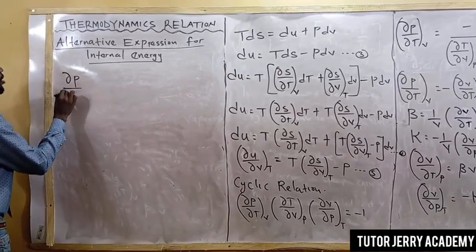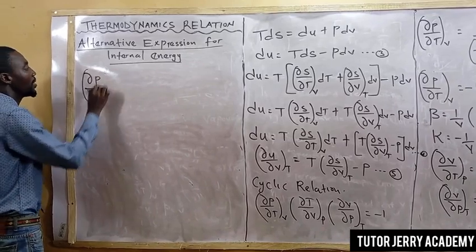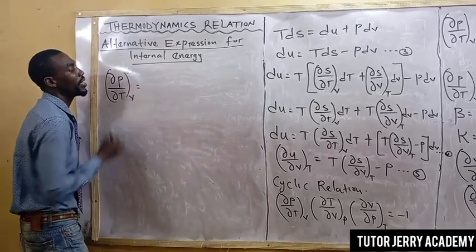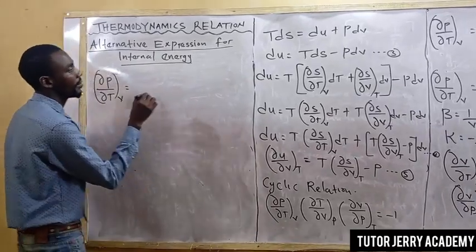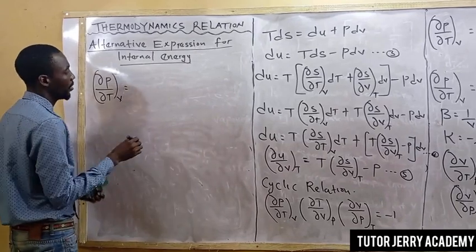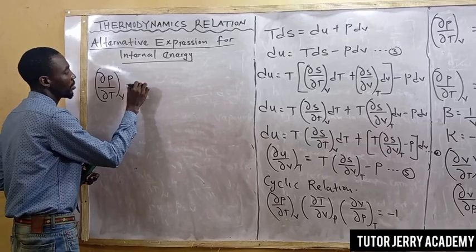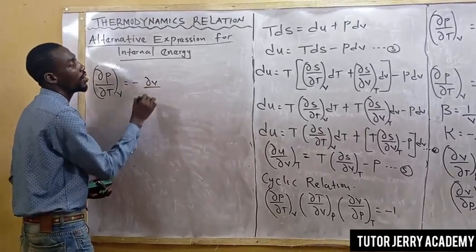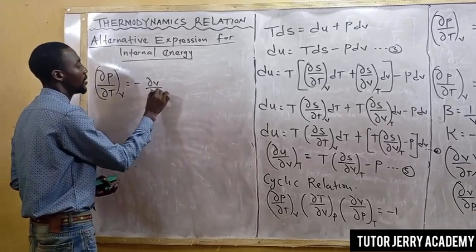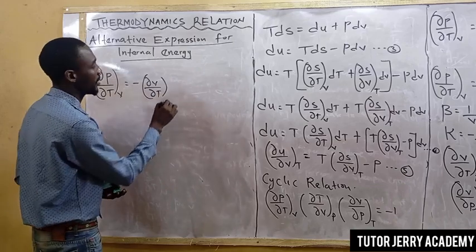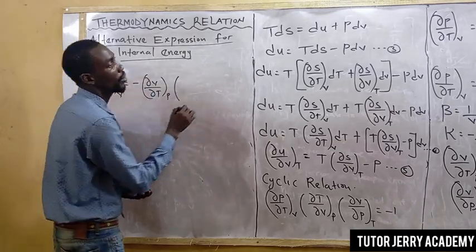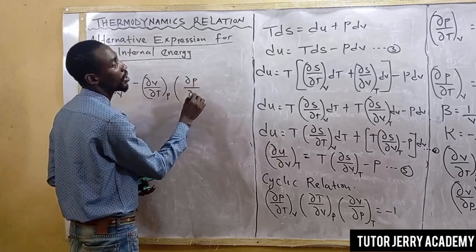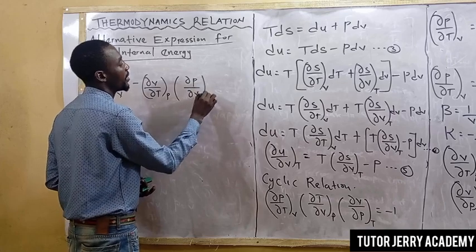All right. So we are going to go back to equation star where we have the partial derivative of p all over the partial derivative of t, keeping v constant, to be equals to minus the partial derivative of v all over the partial derivative of t, keeping p constant, into the partial derivative of p all over the partial derivative of v, keeping t constant.